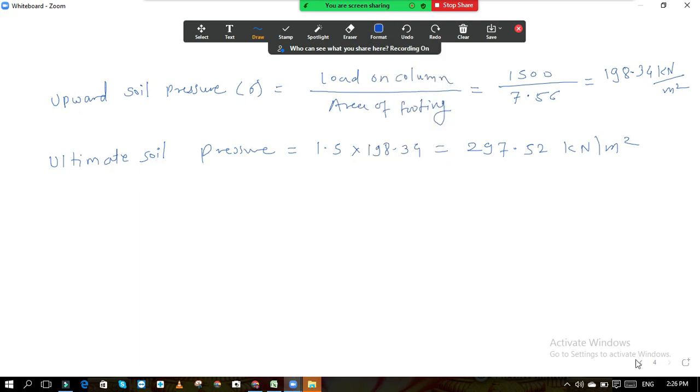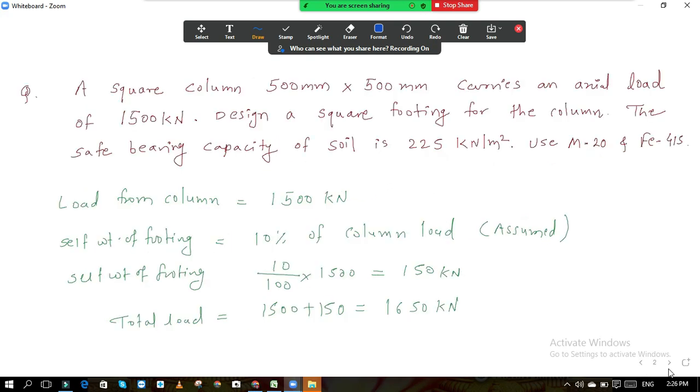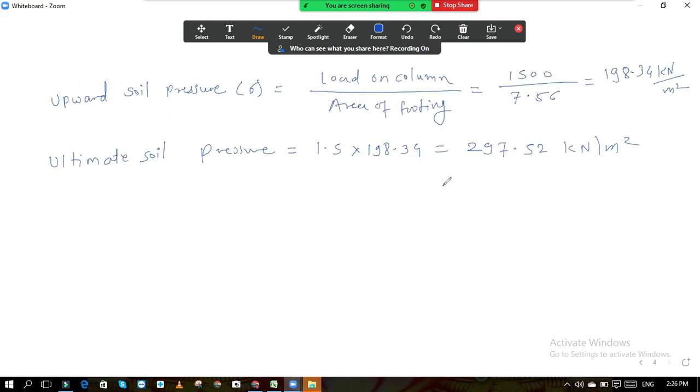Okay. So now depth of footing. Next step. This is your step number one. Up to this point, your step number one is finished. Now your step number two, calculation of depth of the footing.